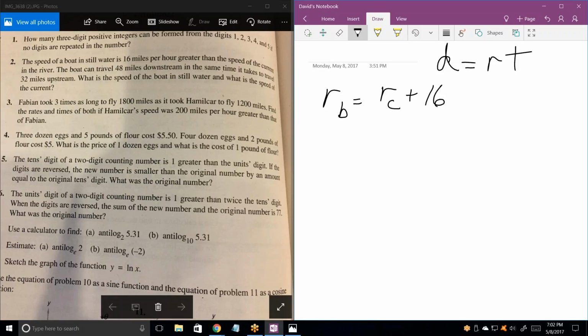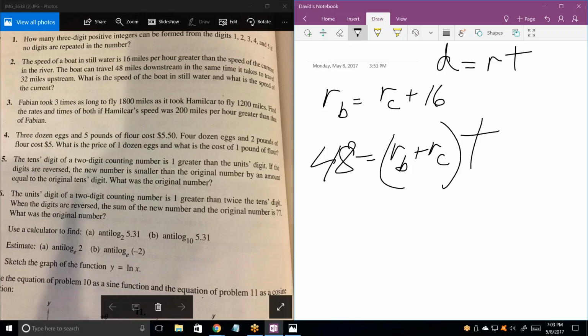The distance when it's going downstream, which is 48 miles downstream, is equal to the rate of the boat plus the rate of the current times time.